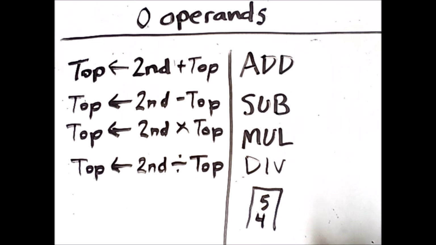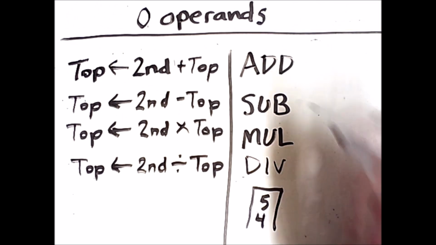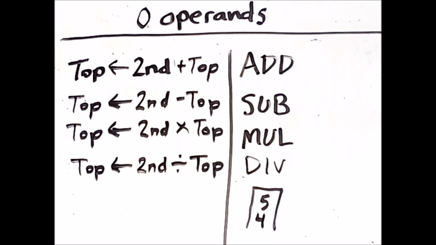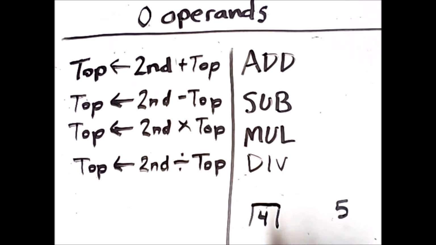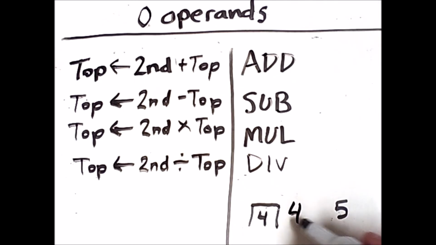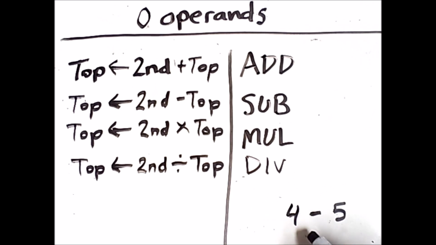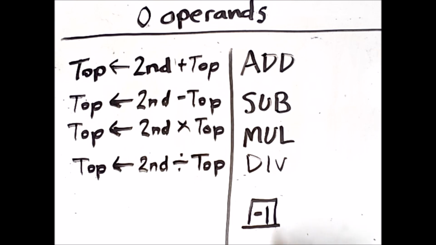If I execute a subtract operation, then I will pop off the 5 and pop off the 4, compute the result 4 minus 5 to get a result of -1, and then push that value back on top of the stack. That is how all of these operations work.